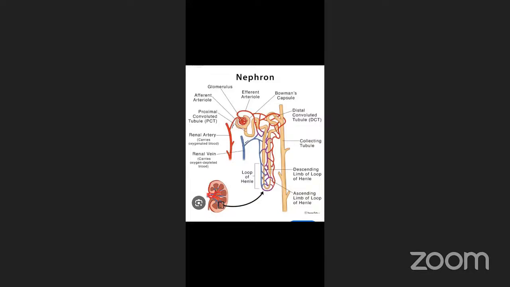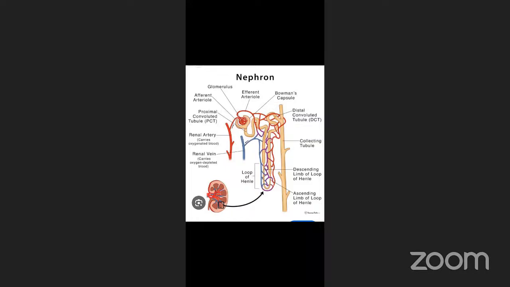Now, there's a process called ultrafiltration that occurs in the glomerulus. Ultrafiltration is basically the forcing out of substances from the blood within the glomerulus into the Bowman's capsule. You can see the structure of the Bowman's capsule.